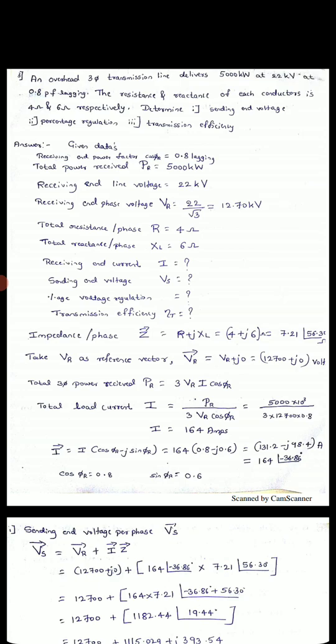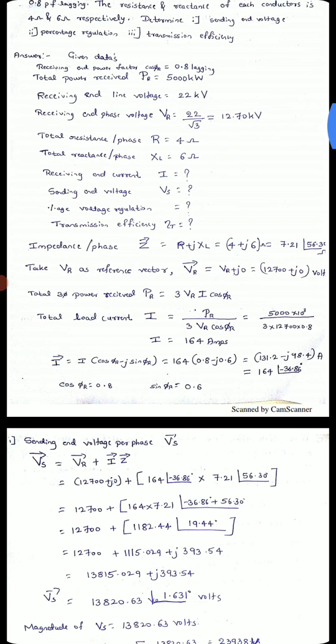We know that PR is equal to 3 VR I cos phi R, so I is equal to PR by 3 VR cos phi R. By putting in all those values, we get I is equal to 164 amps, and I is equal to I times cos phi R minus j sin phi R. Cos phi R given is 0.8 and sin phi R is 0.6. So we get the current as 164 at an angle of minus 36.86.